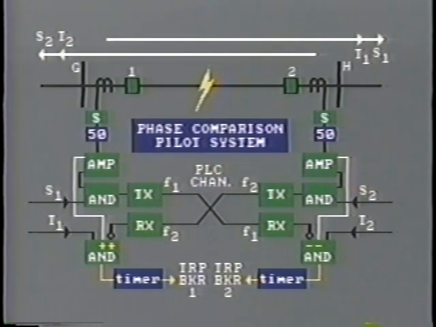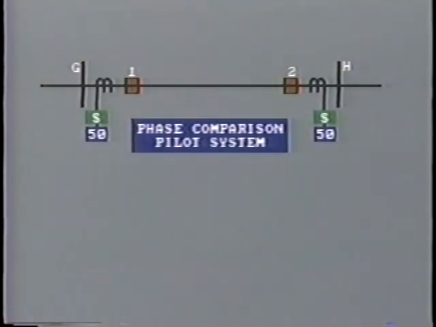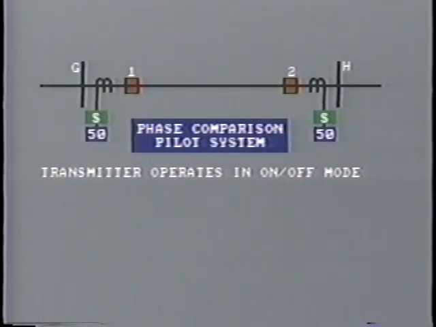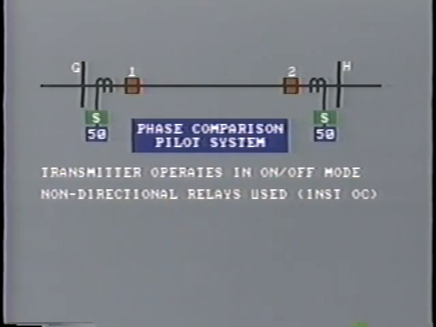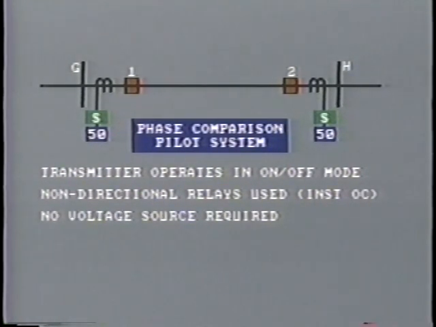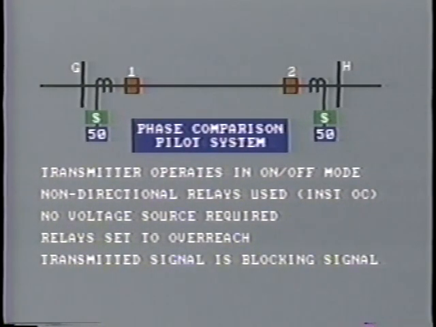Once again, let's examine the characteristics of this scheme. The transmitter operates in the on-off mode. Non-directional relays are used, hence the protection scheme is suitable for application with instantaneous overcurrent relays only. No voltage source is required. The relays are set to overreach, and the transmitted signal is a blocking signal.